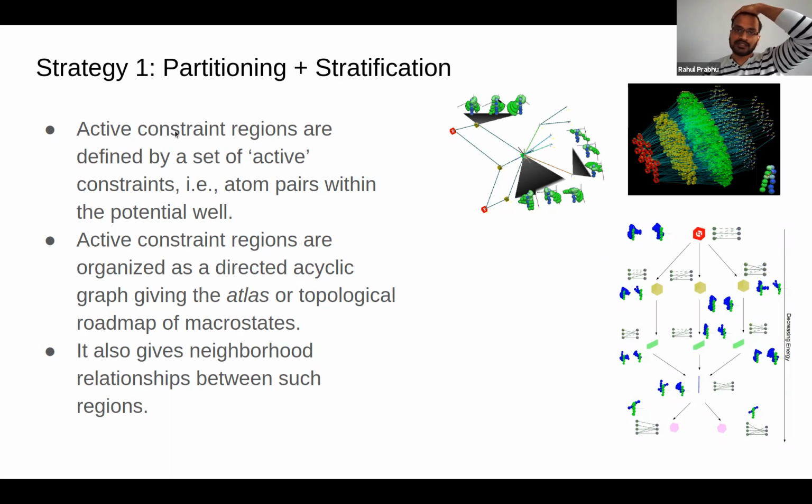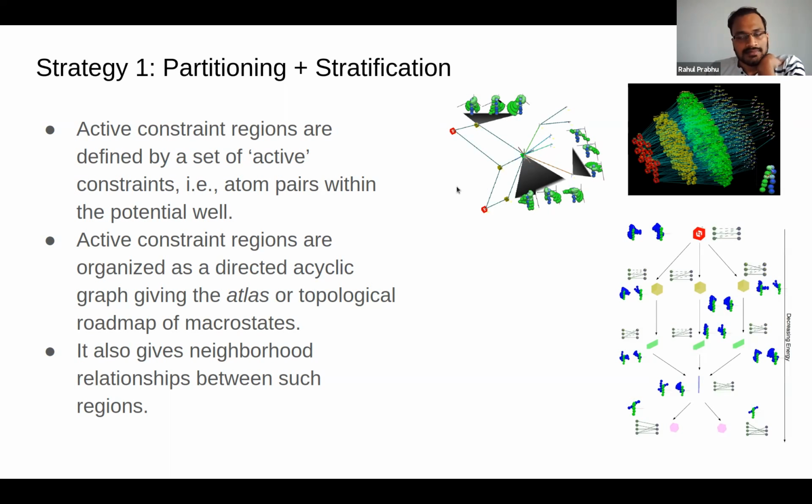So we partition the configuration space this way, and you can see that if I have A1, B1, and if I add an additional constraint A2, B2, that region forms the boundary of my original A1, B1 region.